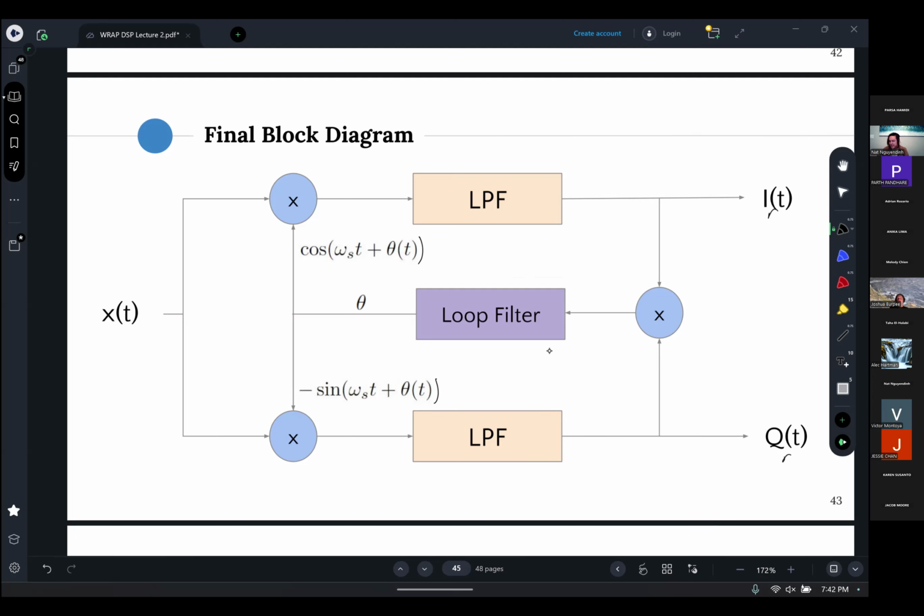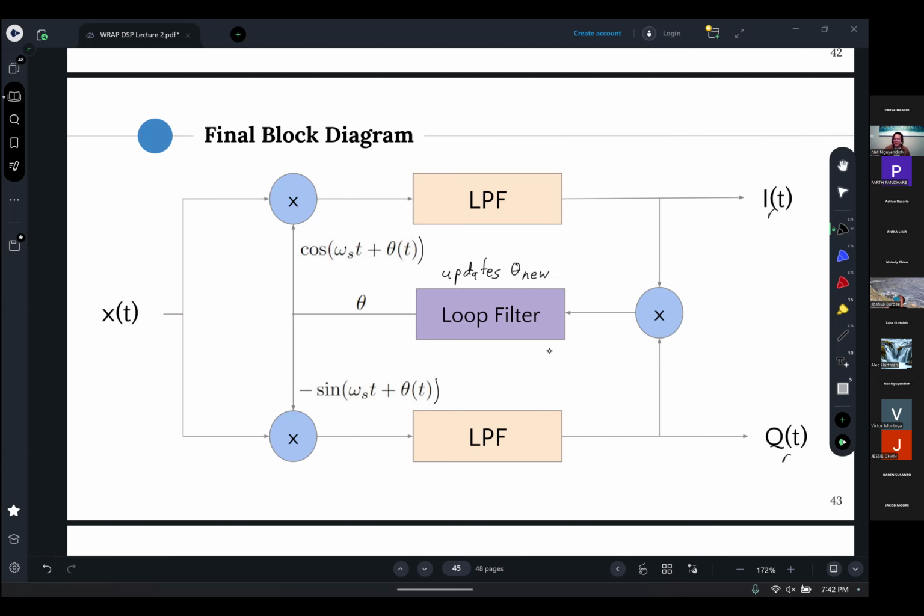So then this loop filter takes in this error term and updates our guess for theta. So if we keep updating our guess for theta, we're eventually going to lock on to what the best value for theta is, even if it's changing.